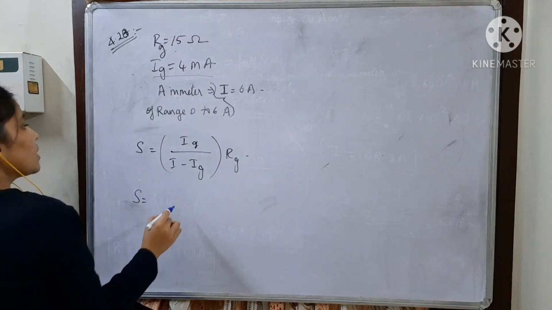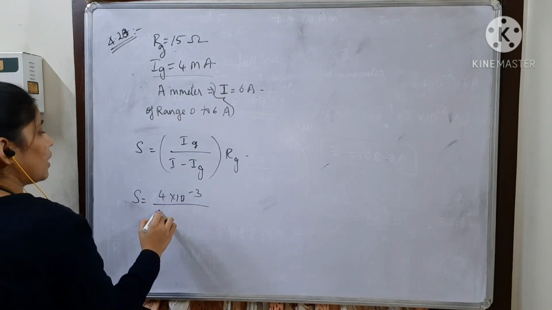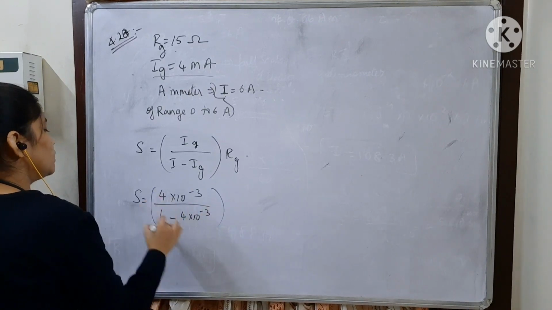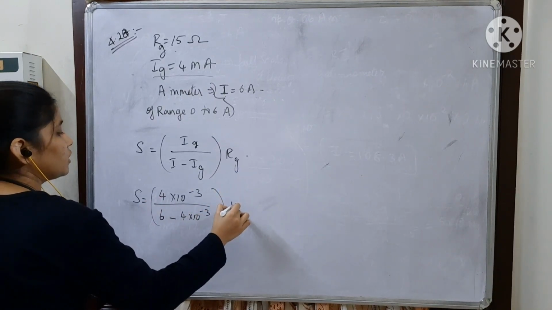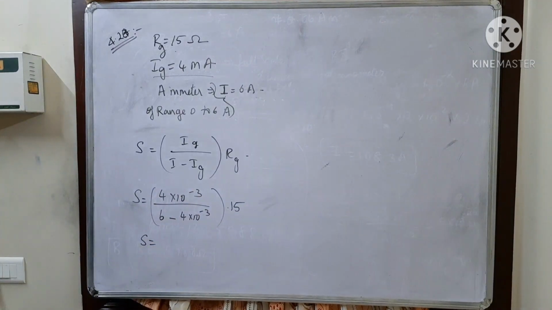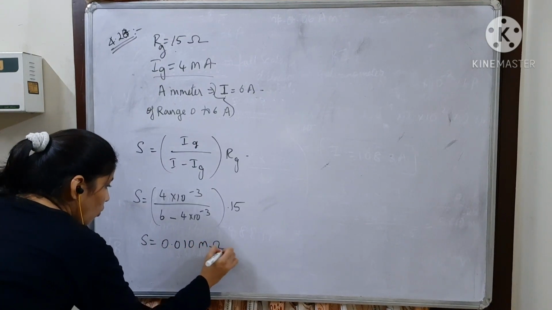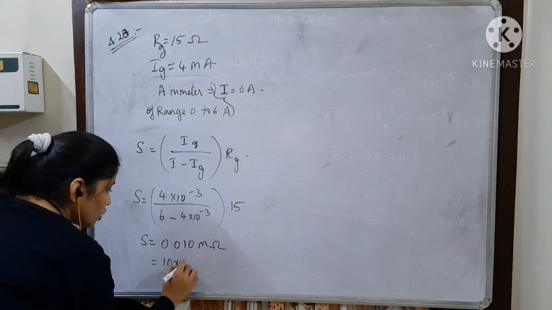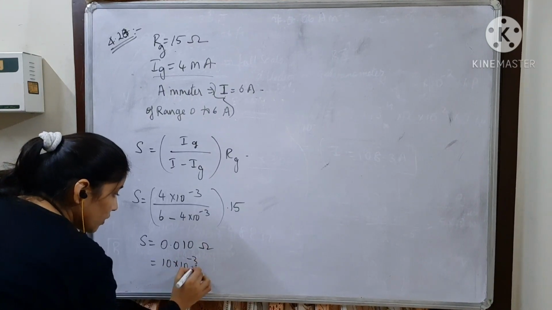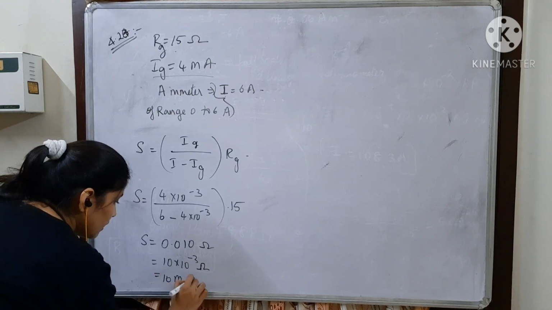So simple. Ig is equal to 4 into 10 power minus 3 divided by 6 minus 4 into 10 power minus 3, this into Rg, that is equal to 15. Once you calculate this, the value of shunt resistance is 0.010 ohm, which is equal to 10 into 10 power minus 3 ohm, or you can say 10 milli ohm.